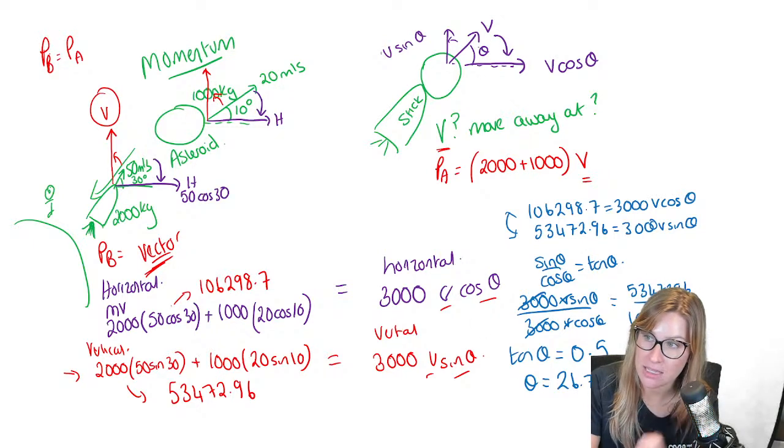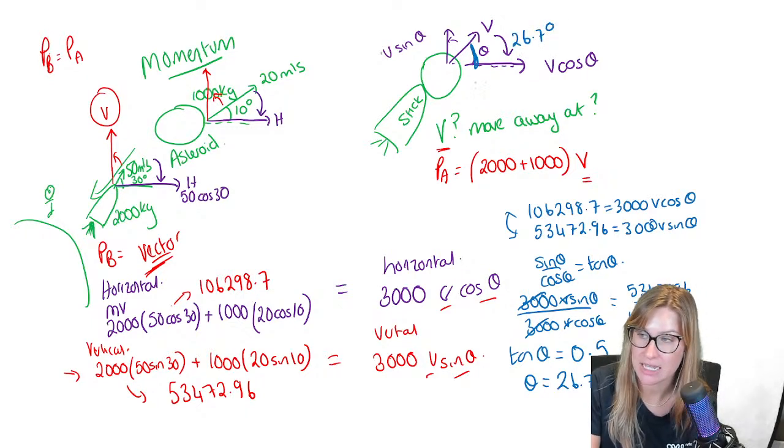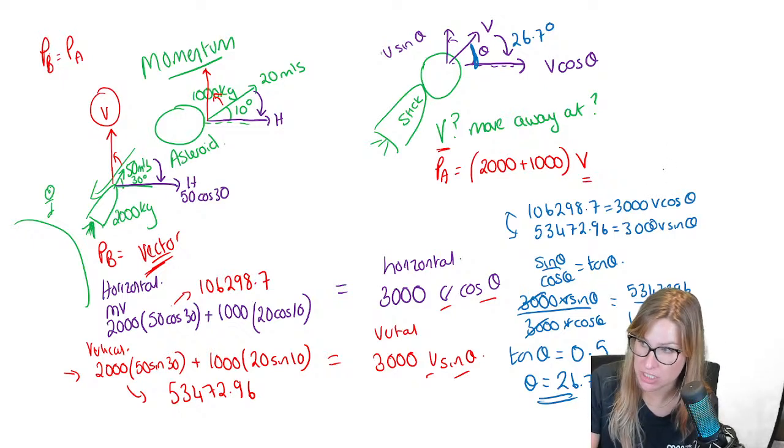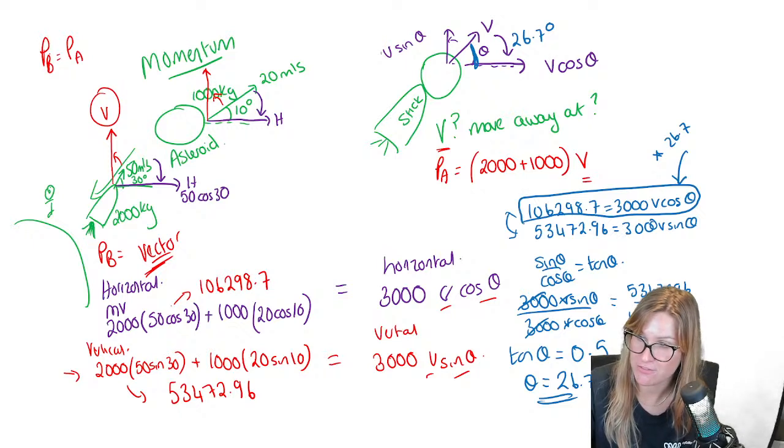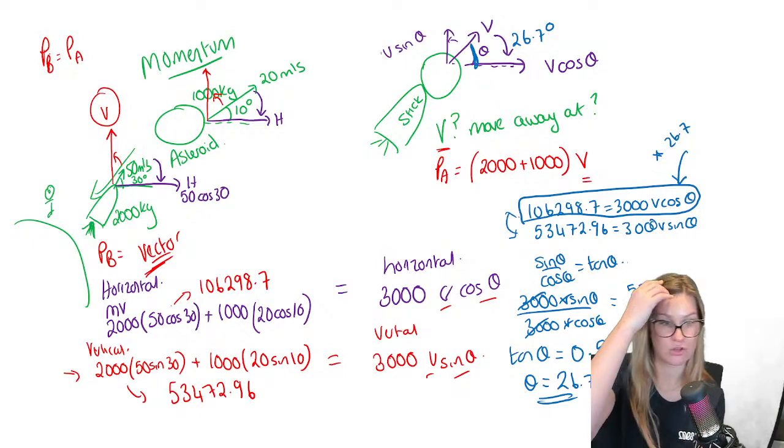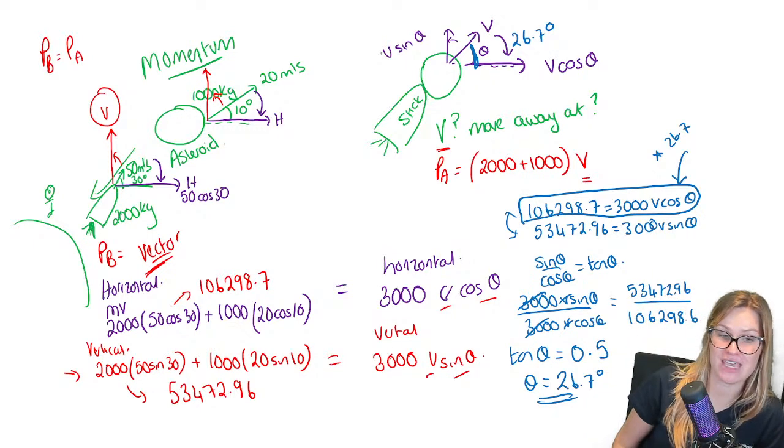So I figured out that the angle above the horizontal is 26.7 degrees. And now all I have to do is pop that angle for theta into my equations, and I can solve for what v is. Because I know theta is 26.7, I pop it into this line of math, and I can solve for what the v of my rocket and my asteroid is together.